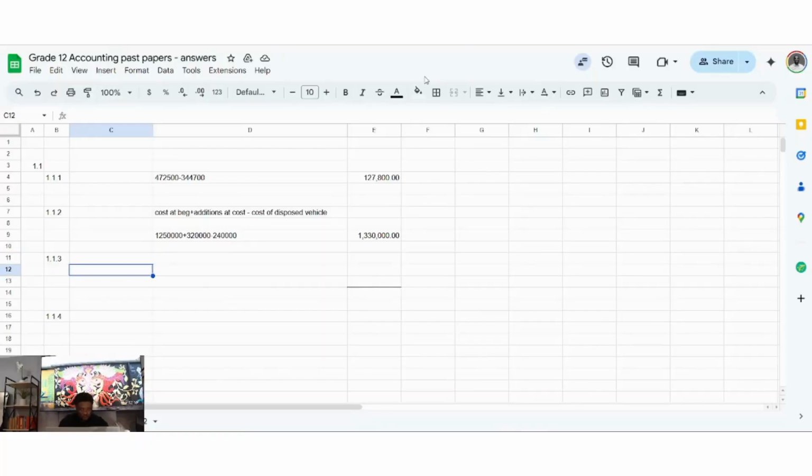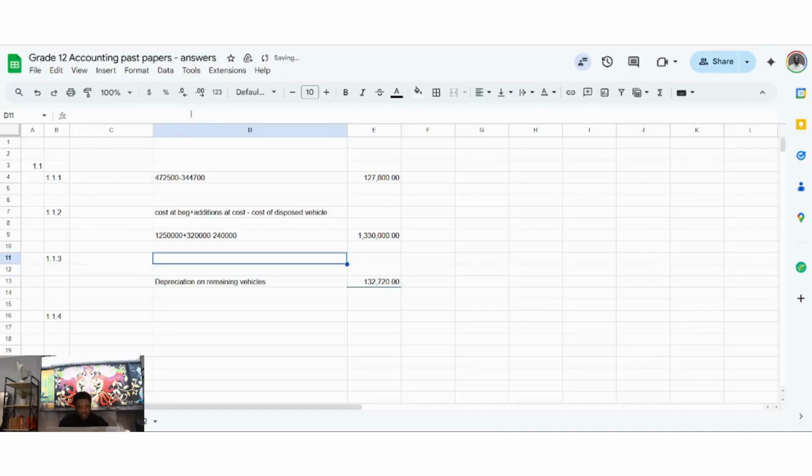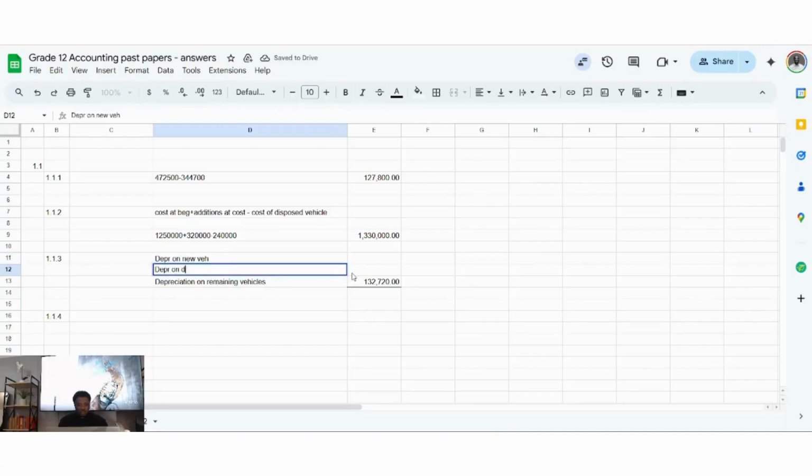Okay, so let's do that. 132,720. So depreciation on the remaining vehicles would be that, and then now we need to look at the depreciation on new vehicles, and then depreciation on disposed vehicle.